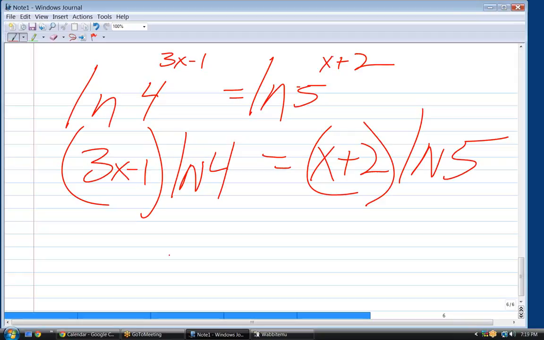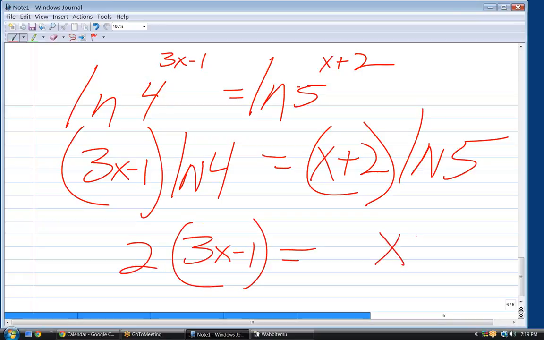Right? In other words, if I gave you an equation like this, 3x minus 1 times 2 is equal to x plus 2 times 3, your next step would be to distribute them, gather all the like terms together on one side, all the numbers on the other, right? Yeah. That's what we're going to do here.